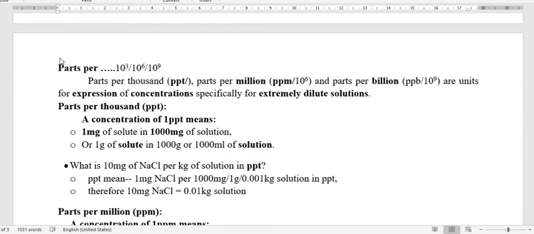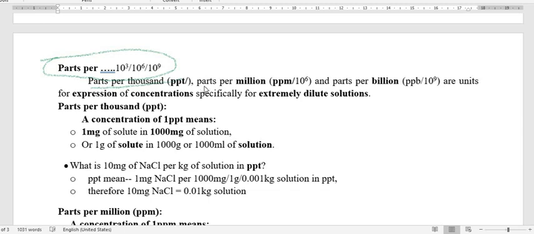Now we have to go through the solution again, but this time we are talking about parts per. Why are we talking about parts per? If you are talking parts per 100, then this becomes percentage. If it goes beyond that, then we simply call it parts per. If it is parts per thousand, we call it PPT.